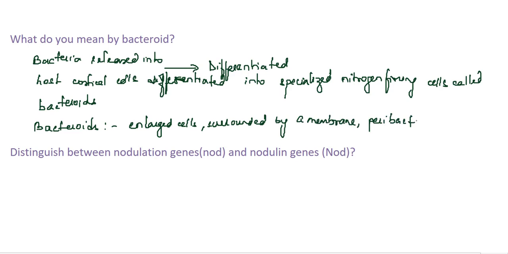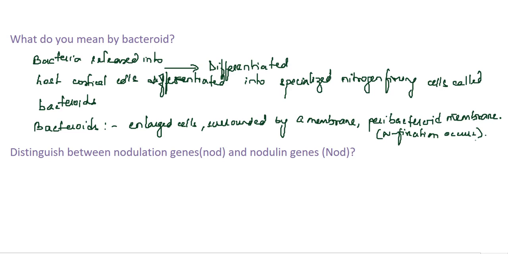Did you understand that the bacteria, when they are in the infection thread, are not covered by a membrane? Once they are released into the cortical cells, they are surrounded by a membrane known as peribacteroid membrane. And in this peribacteroid membrane, nitrogen fixation occurs. So this is the difference between bacteria and bacteroid.